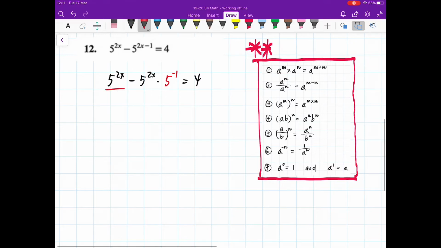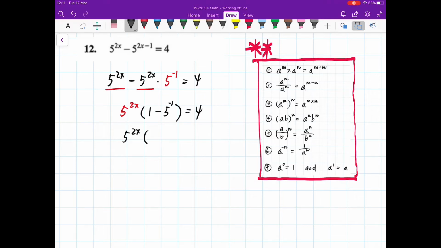Then as you can see, there is a common factor, that is 5 to the power 2x. Then we take out the common factor, 5 to the power 2x, brackets 1 minus 5 to the power negative 1, equals to 4.